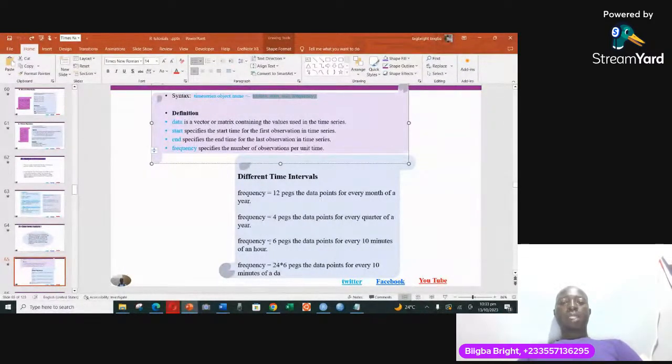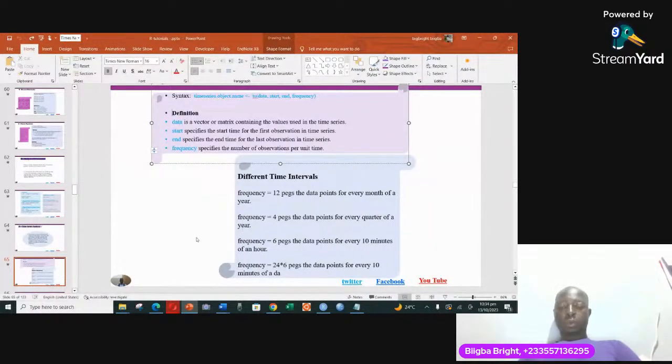If you say frequency 6, you pick the data point for every 10 minutes of an hour. But 24 by 6 means every 10 minutes of the day. If you peg it at 24, you are pegging it daily. We'll look at that pretty soon.